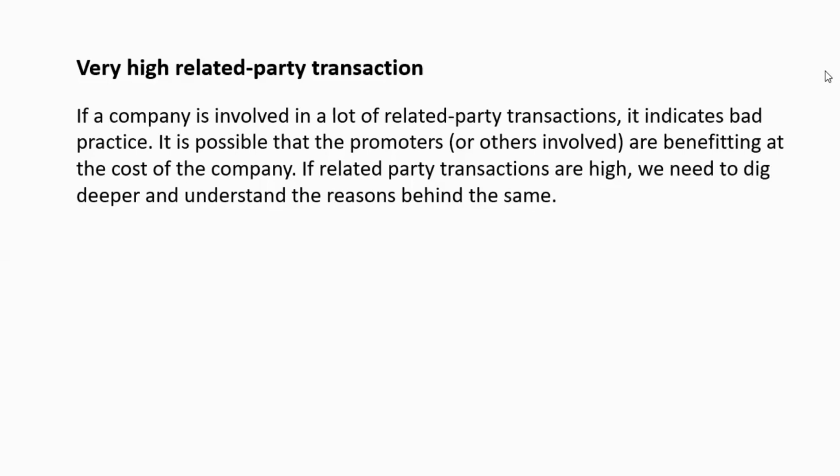The promoters are the same for both companies. They just misplaced the funds from one company to the other company. So this could be an example of a related party transaction. We will also see another related party transaction in the Satyam scandal. That's another example of it.